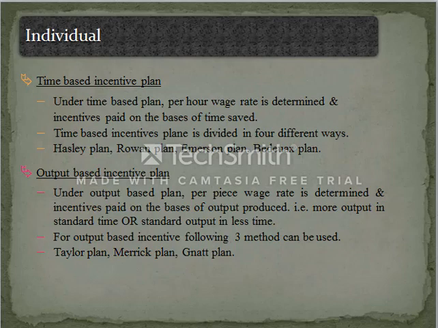See, output based is another plan through which the employee receives incentives from the organization. The basis of output is the quantity he produced in the organization. As per the quantity, he receives compensation or incentive from the organization. Say for example, if the daily target of an employee is to produce 20 units, thereafter he will get 100 rupees per unit.